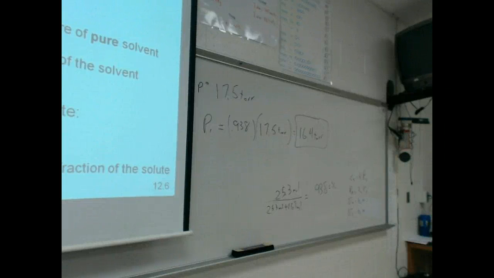You can have things dissolved in other substances. Solvent always goes on top, because we want the mole fraction of the solvent. Down the bottom, you add both of them. At the bottom is total moles.